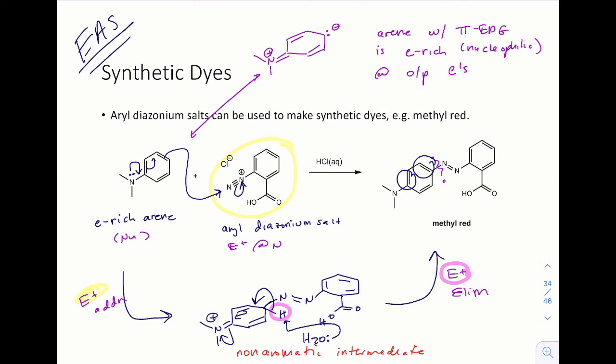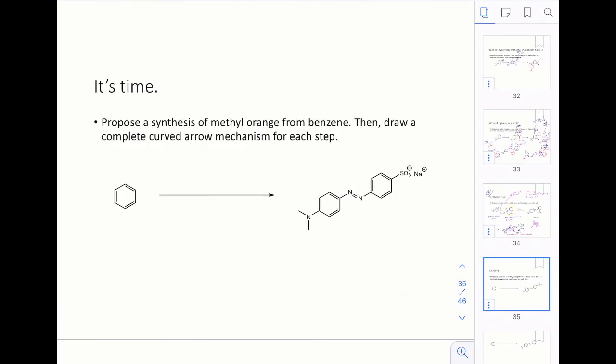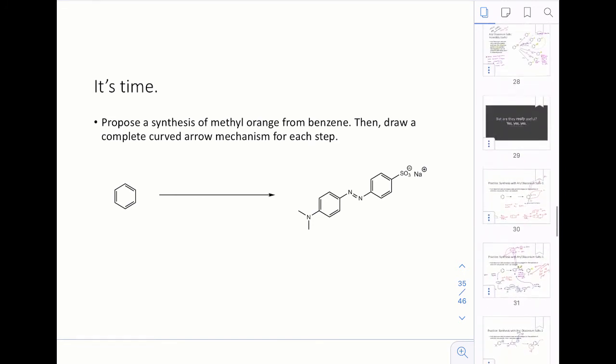These slide over, relieve the positive charge on nitrogen, forms the final product. It's not so bad, right? It looks scary, the big molecules involved, but it's just an electrophilic aromatic substitution reaction. Electrophile addition, electrophile elimination.